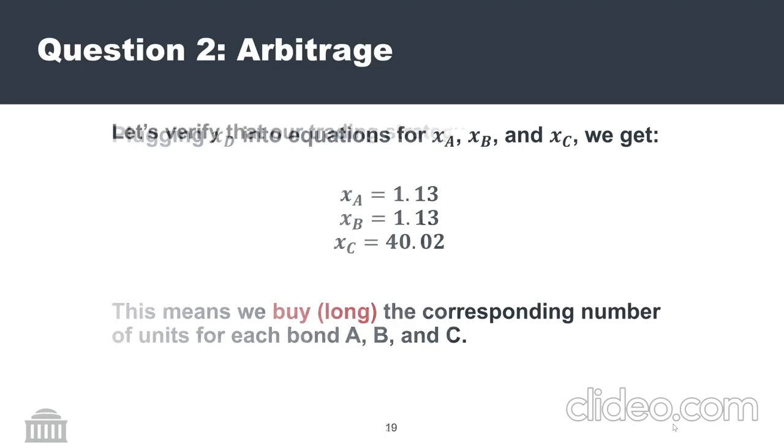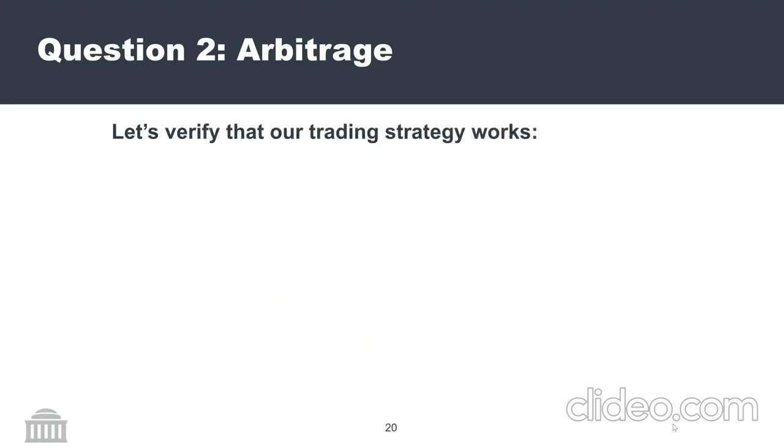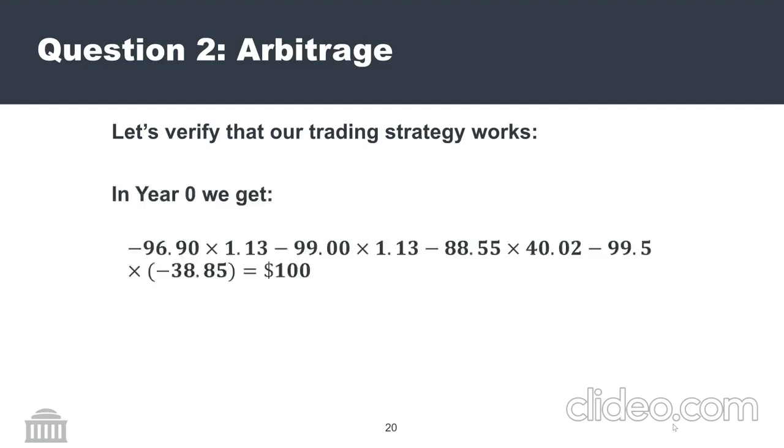Now, the final step is to verify that this trading strategy actually works. So I will plug in these amounts of XA, XB, XC, and XD that we found into our equations to make sure that we get the cash flows that we are expecting. Plugging these numbers into the first equation, I get $100, which means that buying the corresponding amounts of bonds A, B, and C and shorting the corresponding amount of bond D gives us exactly $100.